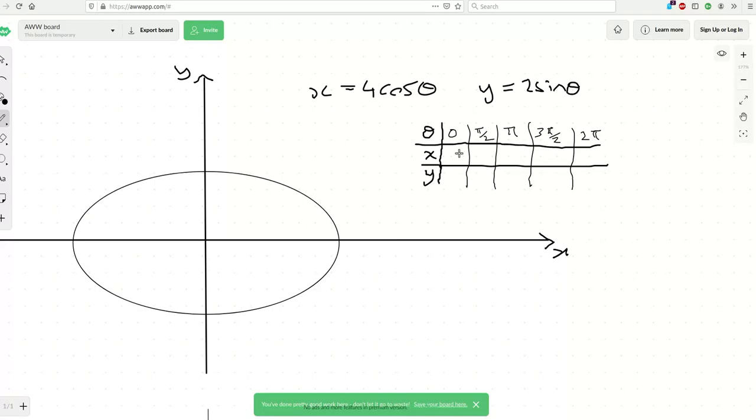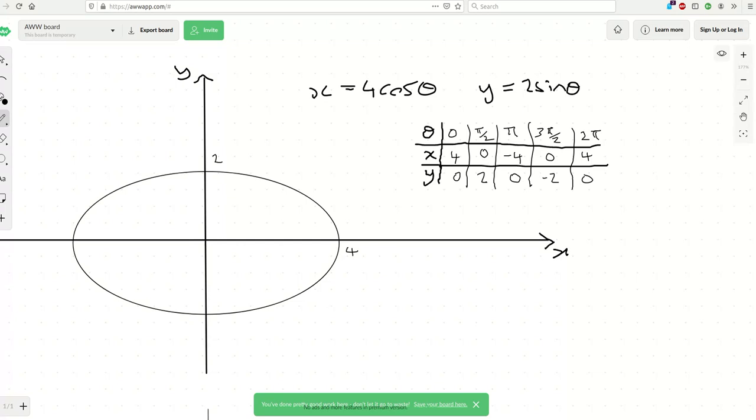Now, when theta is 0, we're going to get cos of 0 is 1, so x is 4, and sine of 0 is 0, so y is 0. Pi over 2, cos of pi over 2 is 0, but y will end up being positive 2, and so on and so forth. So we're going to get minus 4 and 0 for this one, and then 0 and minus 2 for this one, and finally we're back to 4 and 0 over here.